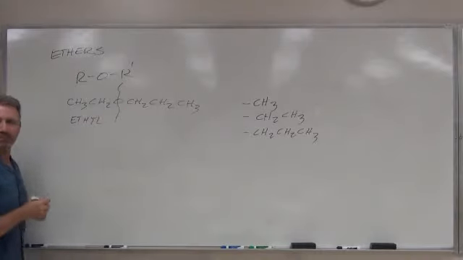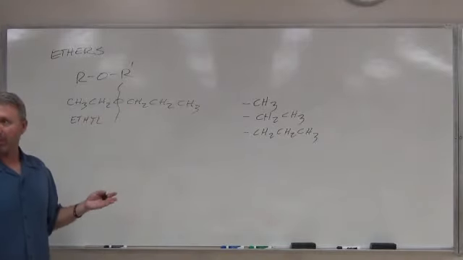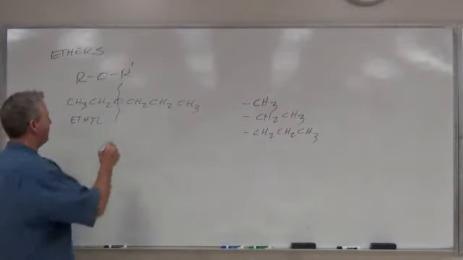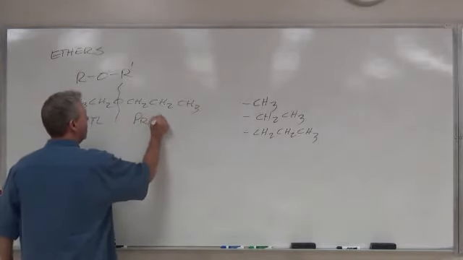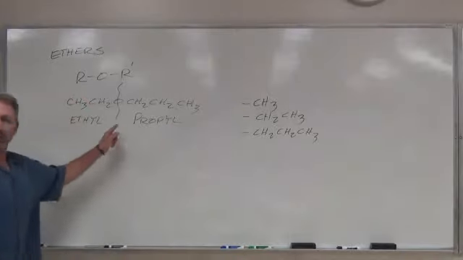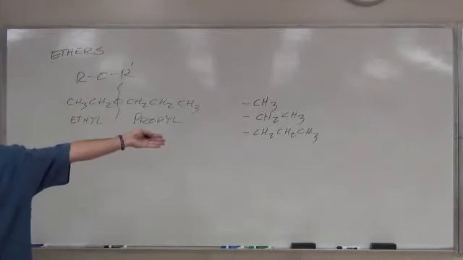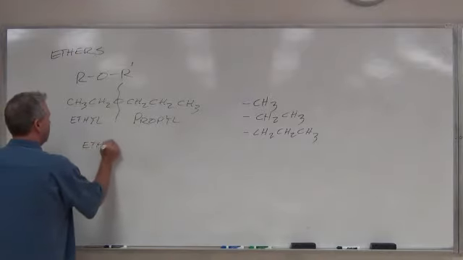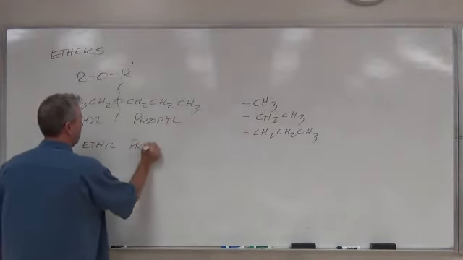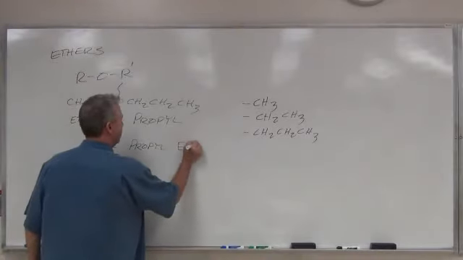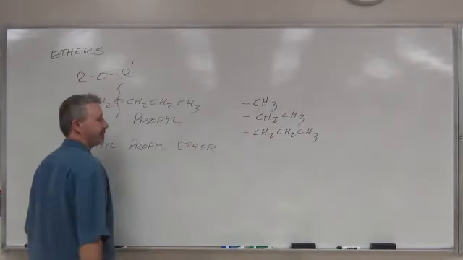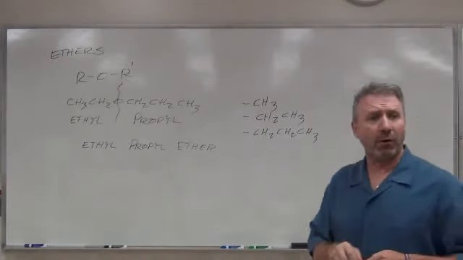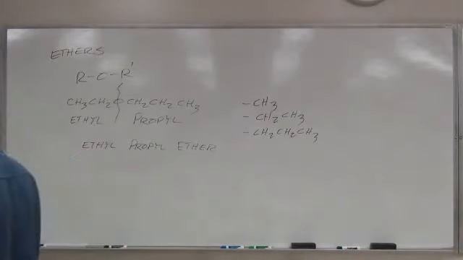What is this one? Propyl. Not isopropyl, because it's a terminal carbon. Propyl. Alphabetize them. End it with the word ether. This is ethyl propyl ether. Ether is pretty straightforward in naming.